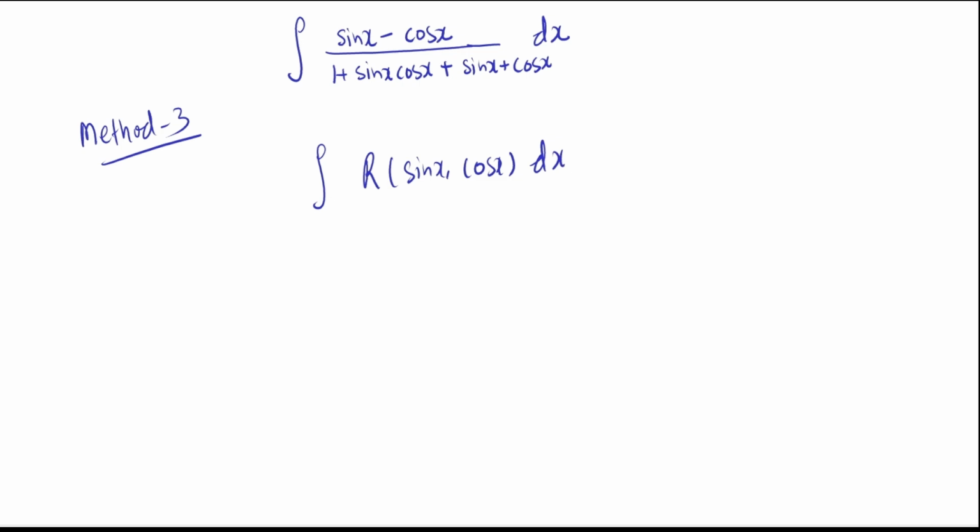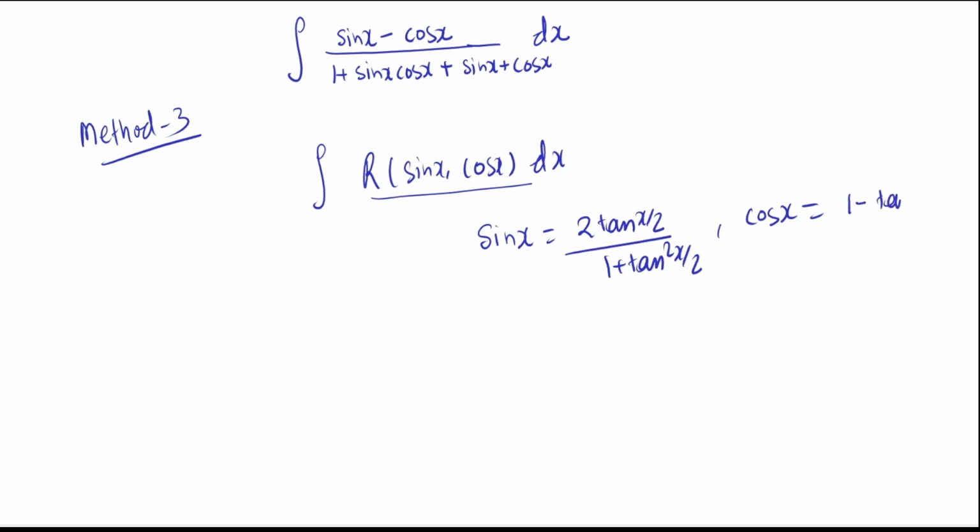What you have to observe here is I can write sin x as 2 tan(x/2) over 1 plus tan square(x/2) in half angle, and I can also write cos x as 1 minus tan square(x/2) over 1 plus tan square(x/2), and then you can substitute tan(x/2) as t. Okay, so this is the general idea for any rational function of sin x and cos x.